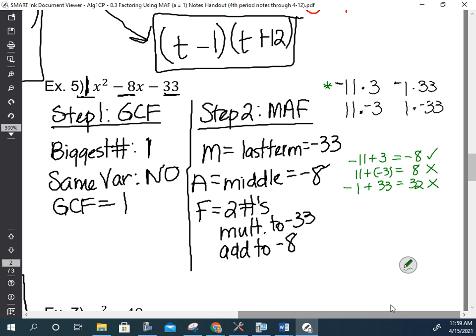That doesn't work. 1 plus negative 33 is negative 32. That doesn't work. This is the only option that works. Any questions before we write our answer? Now we're at a point where we can write the answer.